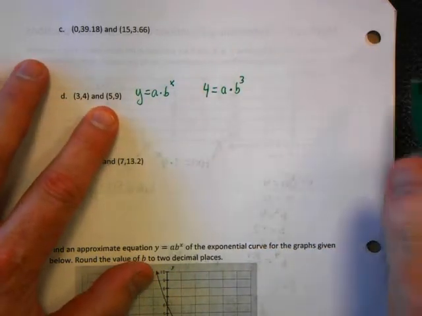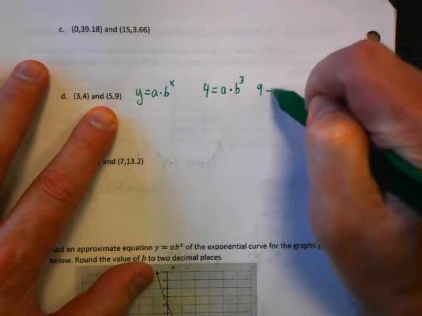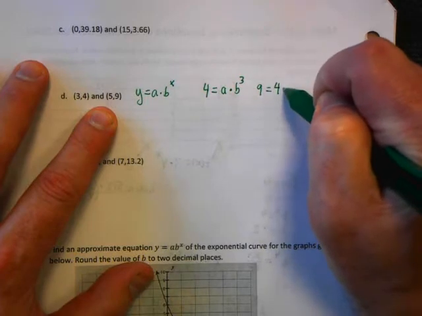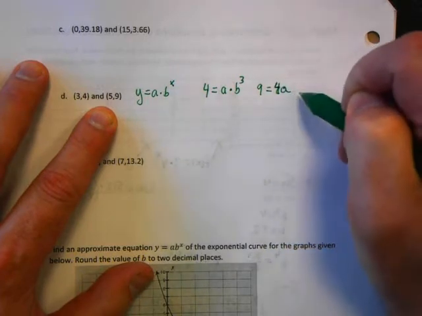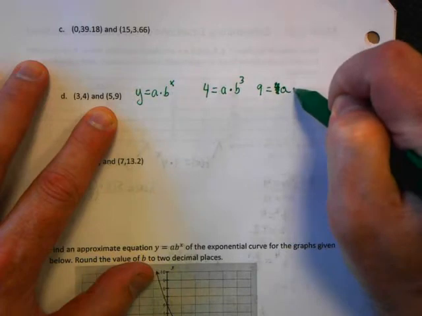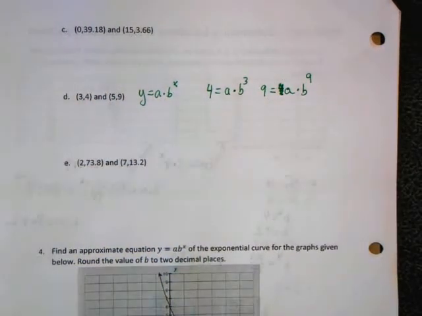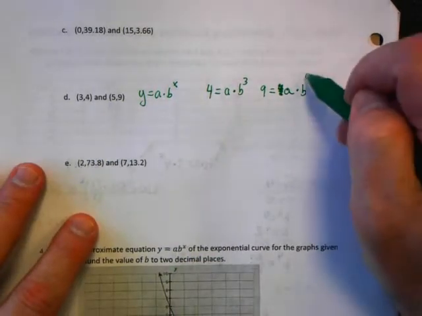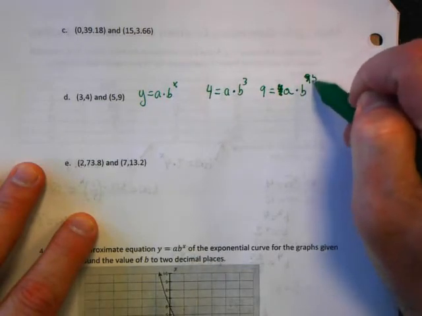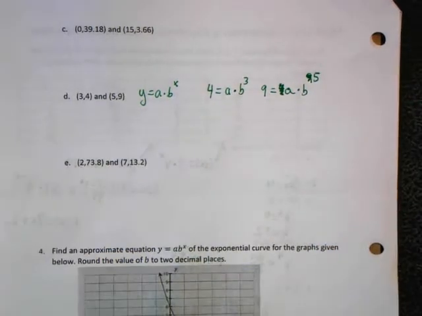And if I plug in the second one, I get 9 equals a times b to the 5th. I already used the number 9. All right, hopefully I got the right numbers now. Now what?